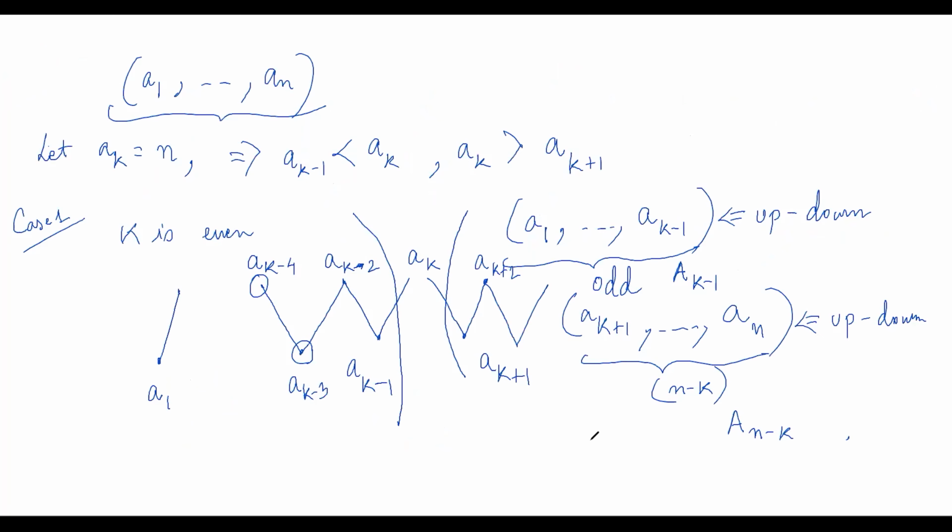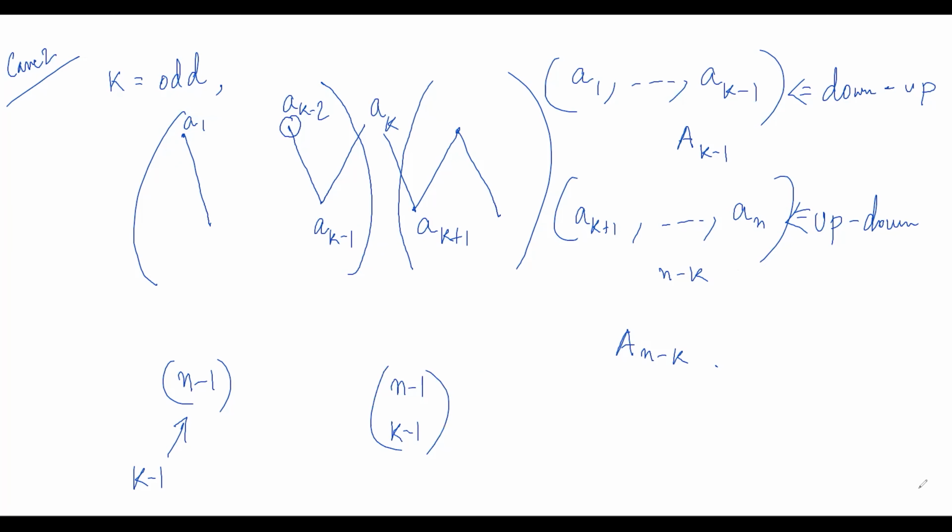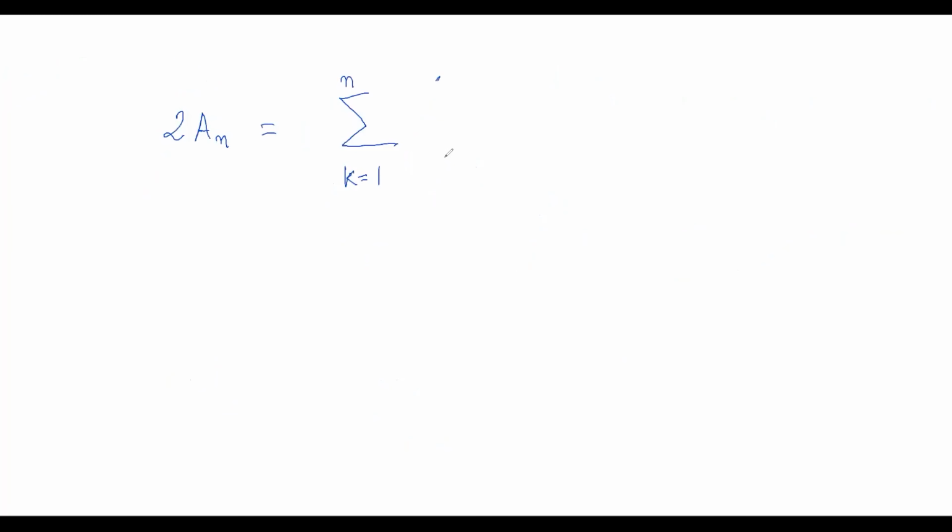This holds for case 1 as well as case 2. So it's n minus 1 choose k minus 1. Now we have chosen numbers for the two groups, and for the first group we can make such sequences in a k minus 1 ways.